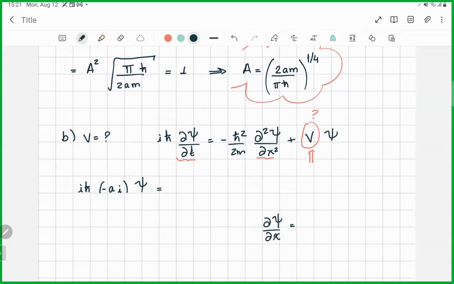The first derivative is, we'll have minus 2, because we have x squared, minus 2am over h bar, and the wave function, because it's an exponential, right? You learned that and how to do derivatives of exponential. The exponential remains, and you do the derivative of what is contained in that exponential.